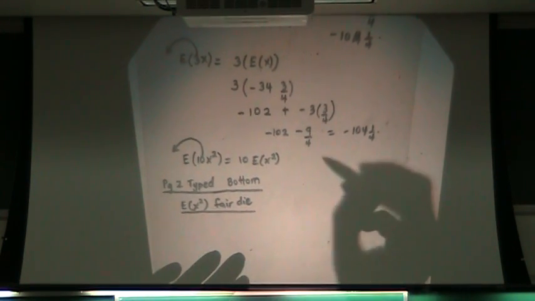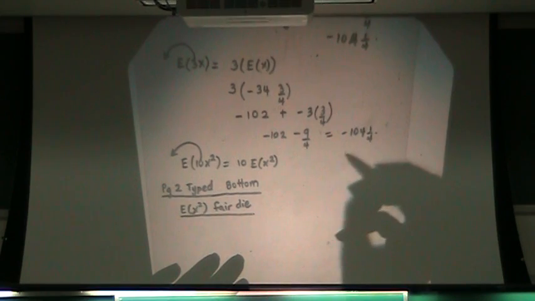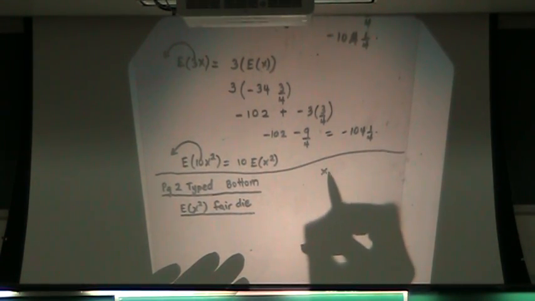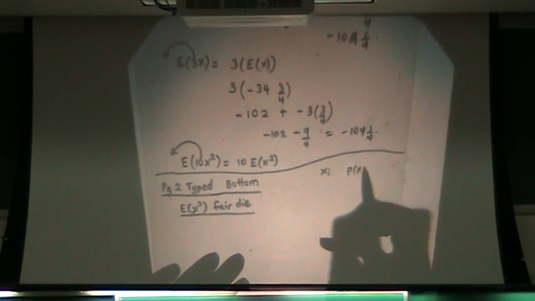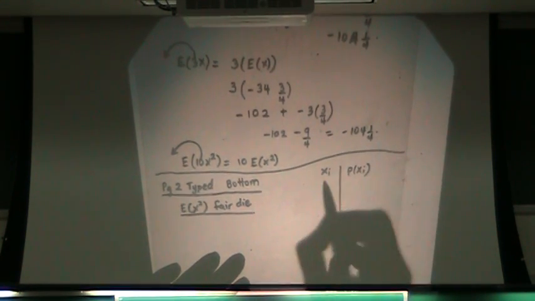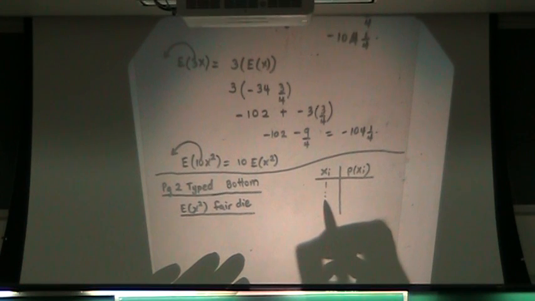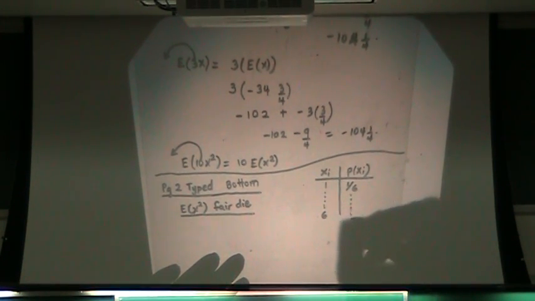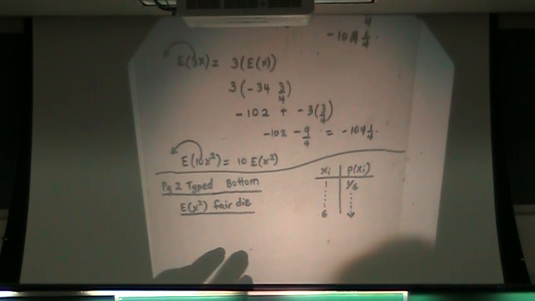So this PMF for the fair die looks like this: xi, p of xi, 1 through 6, and probability is 1/6 throughout.